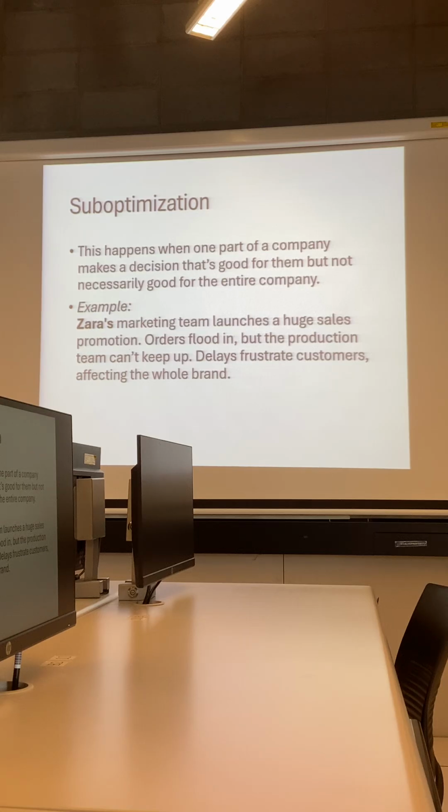For example, Zara. Zara is apparel, selling clothes. Zara's marketing team launches a huge sales promotion. Orders flooded in, which means a lot of people wanted to buy, but the production team could not keep up. So there were delays, frustrated customers, and damage to the whole brand.